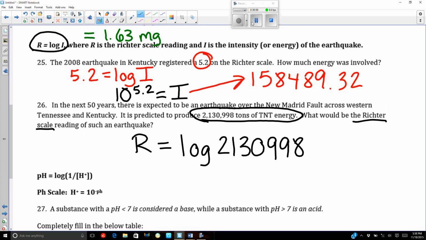We may have done this problem yesterday. 6.33, or probably just 6.3 would be fine there too.